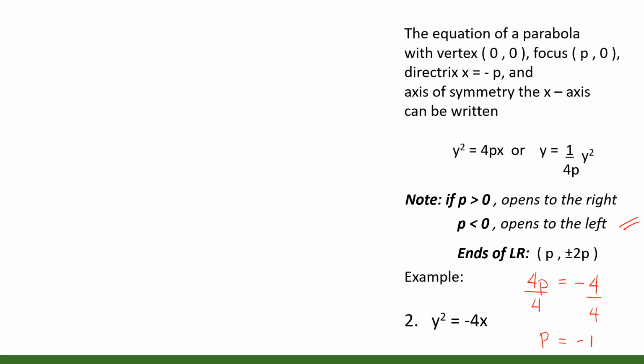So later, the drawing of the parabola we should see opens to the left. Now, what is the vertex? The vertex will be at point 0, 0, or the origin. And then focus, p, 0. So we have negative 1, 0. And then directrix x equals negative p. So x equals negative, negative 1. Meaning positive. x equals 1.